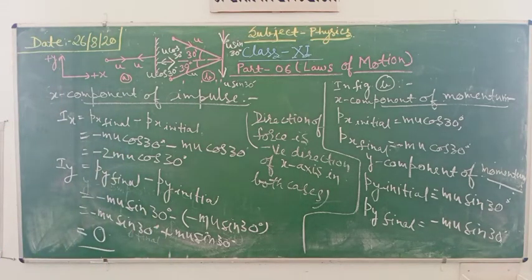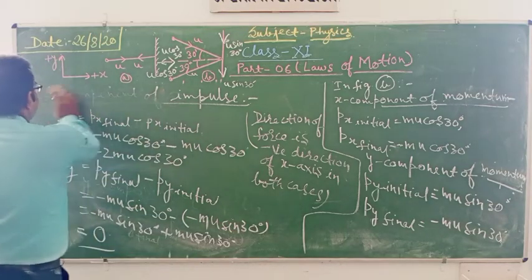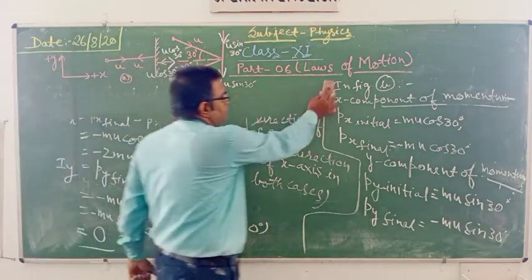Now we have to find the ratio of the magnitude, in the second part. This is all about the first part.